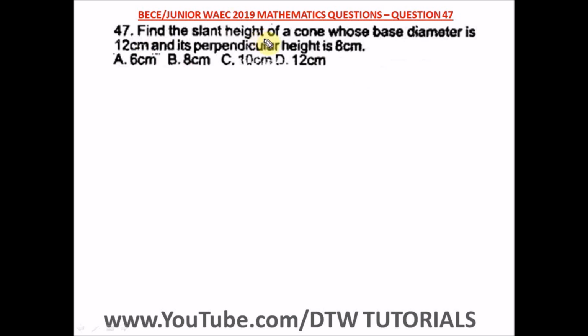Question 47 of the BECE Junior WAEC 2019 Mathematics Past Question. It says find the slant height of a cone whose base diameter is 12 centimeter and its perpendicular height is 8 centimeters.